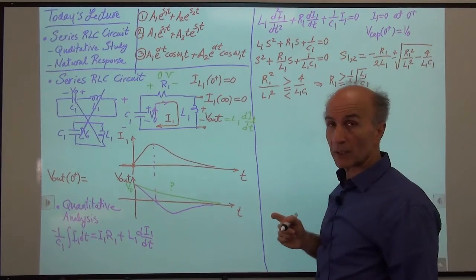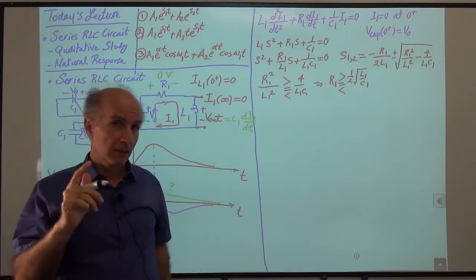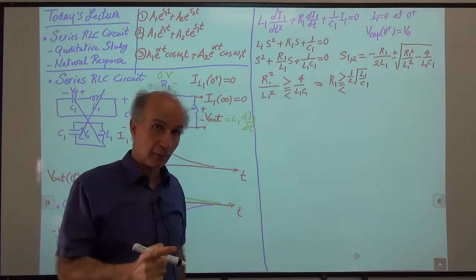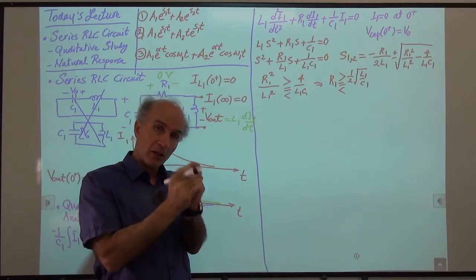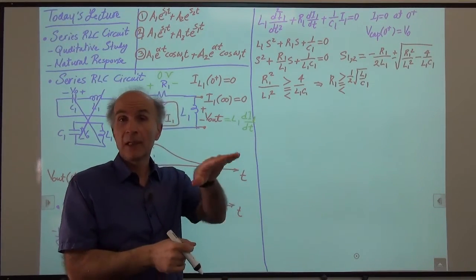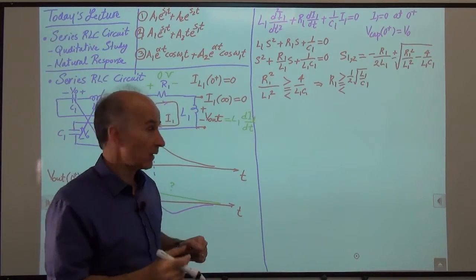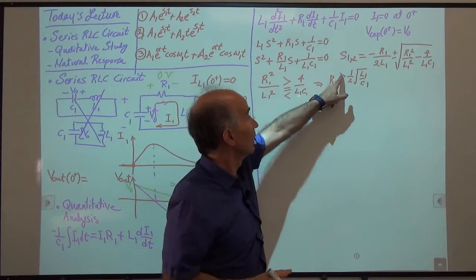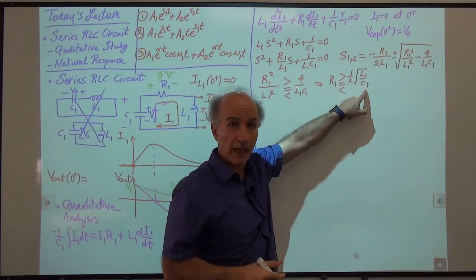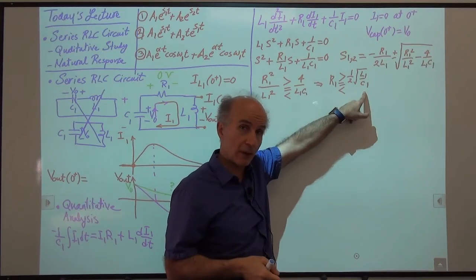Does this look like what we got for the parallel RLC circuit? Yes and no. So we have to be very careful here. For the parallel RLC circuit, we said if R1 is small enough, we have an overdamped response. Here, if R1 is large enough, we have an overdamped response. So it's the opposite direction.